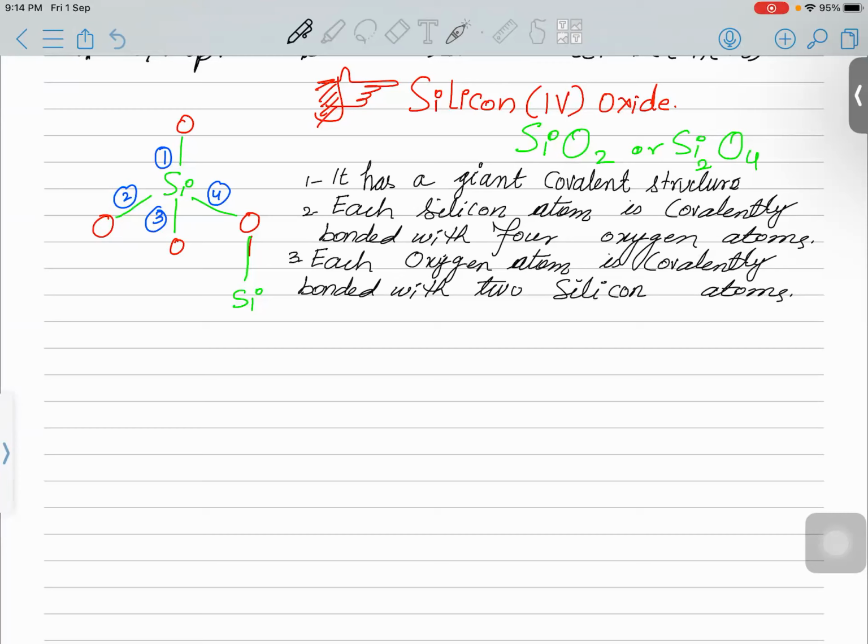Can you find any free electron in silicon? Not in silicon, but I think in oxygen, right? Yes, but we are talking about silicon. There is no free electron on silicon, so there is no mobile electron.